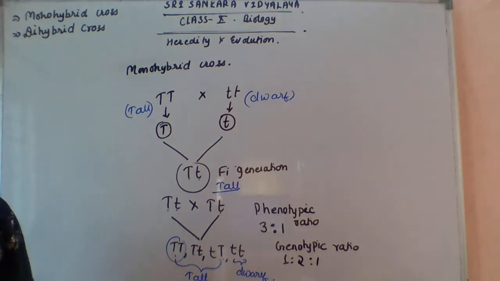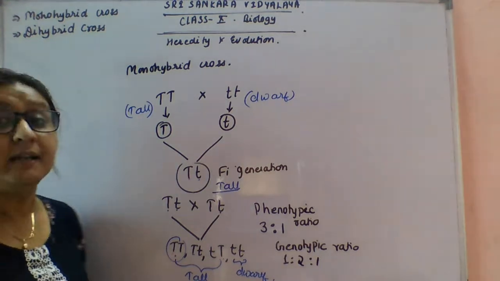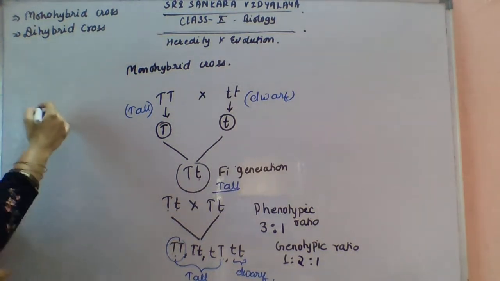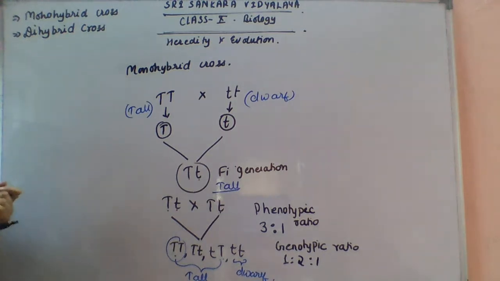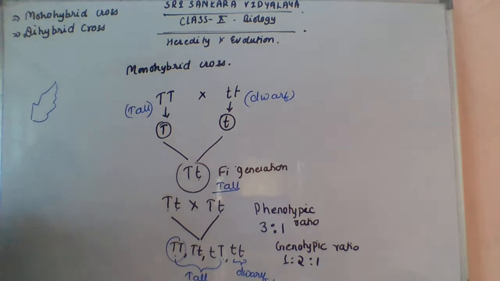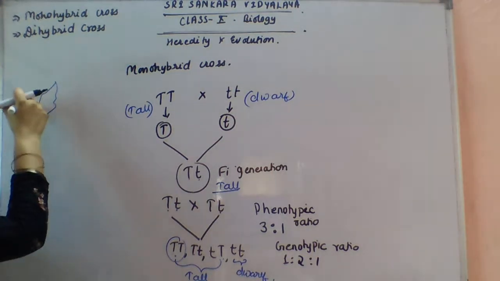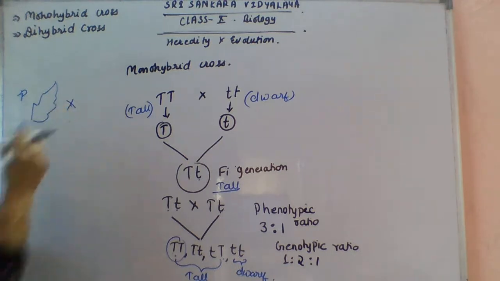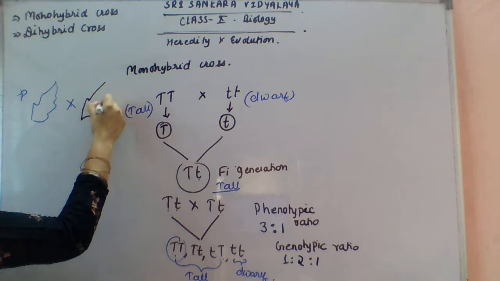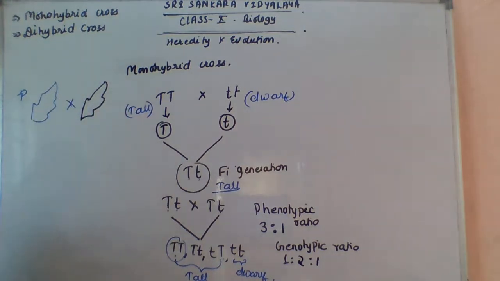Students, you can also work out the dominant and recessive traits. How can you see the dominant and recessive trait? Suppose a cross is between a purple colored flower and a white colored flower. The cross fertilization takes place between the purple flower and the white flower.